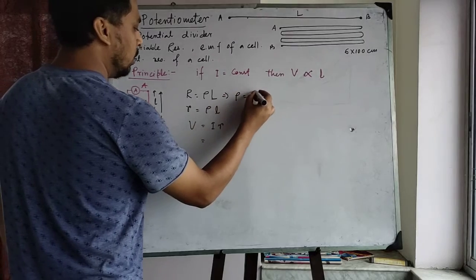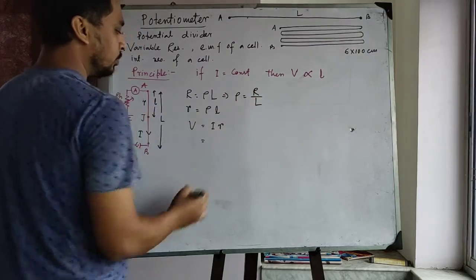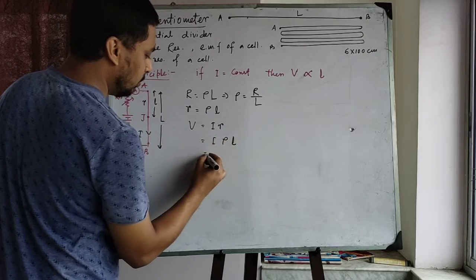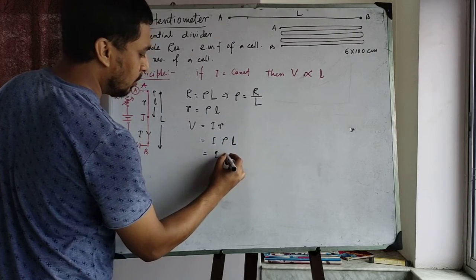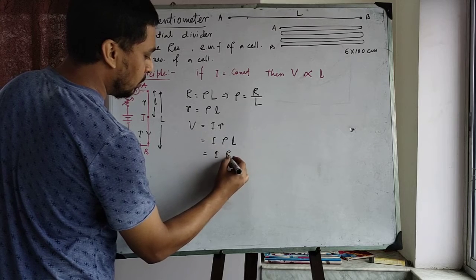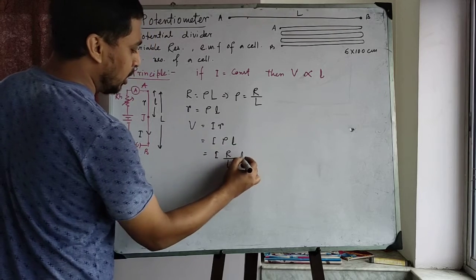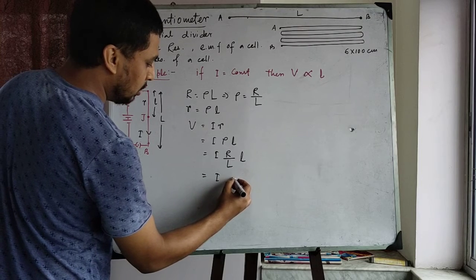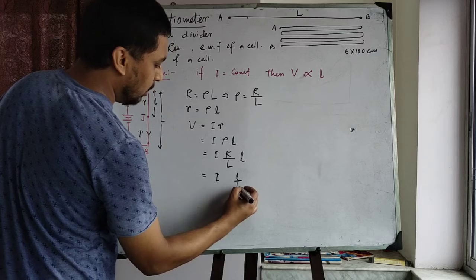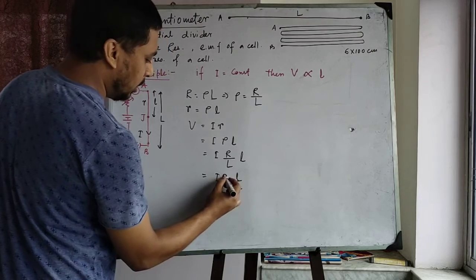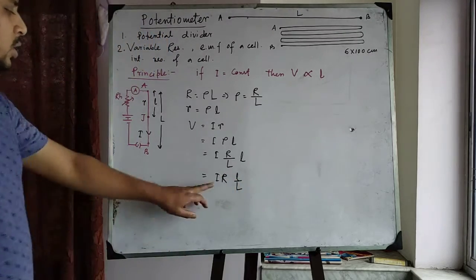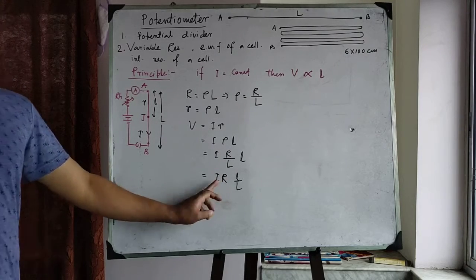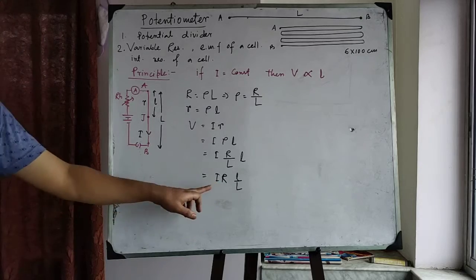that is equal to, you can get rho equal to capital R by L. So this is equal to I into R into small l by L. As you can see, R, the total resistance of the potentiometer wire, is constant.